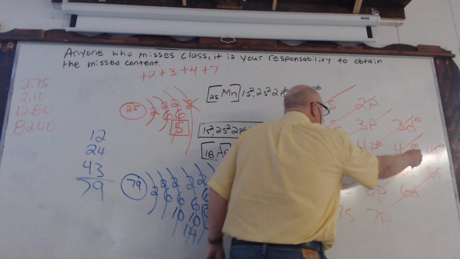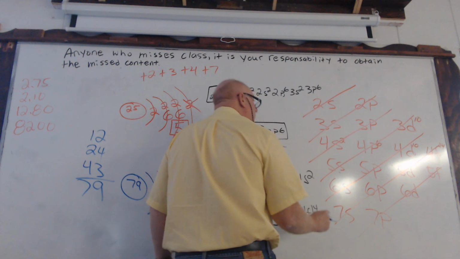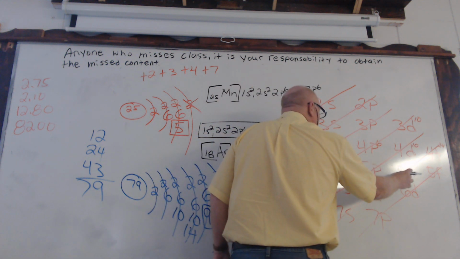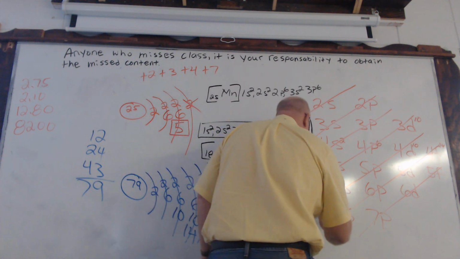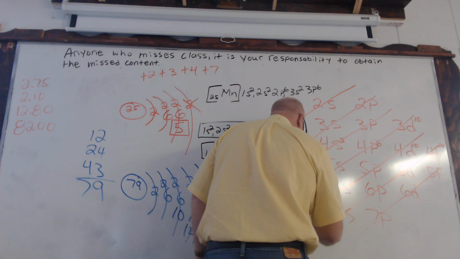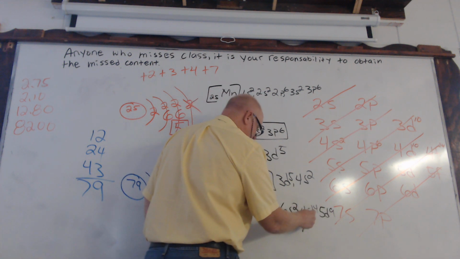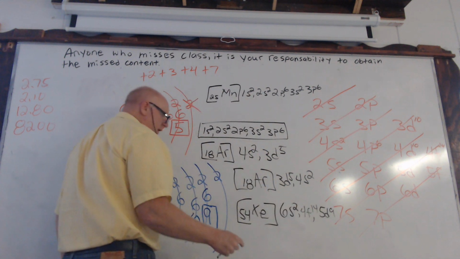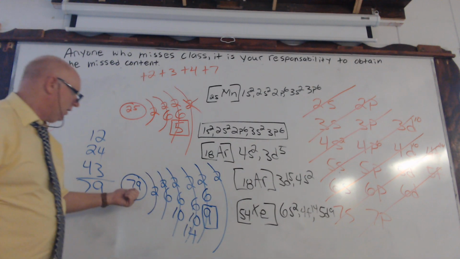Okay? 4f14. And then 5d what? 5d9. And there again, we could add these together. 11 and 14 is 25. 25 plus 54 gives you what? 79.